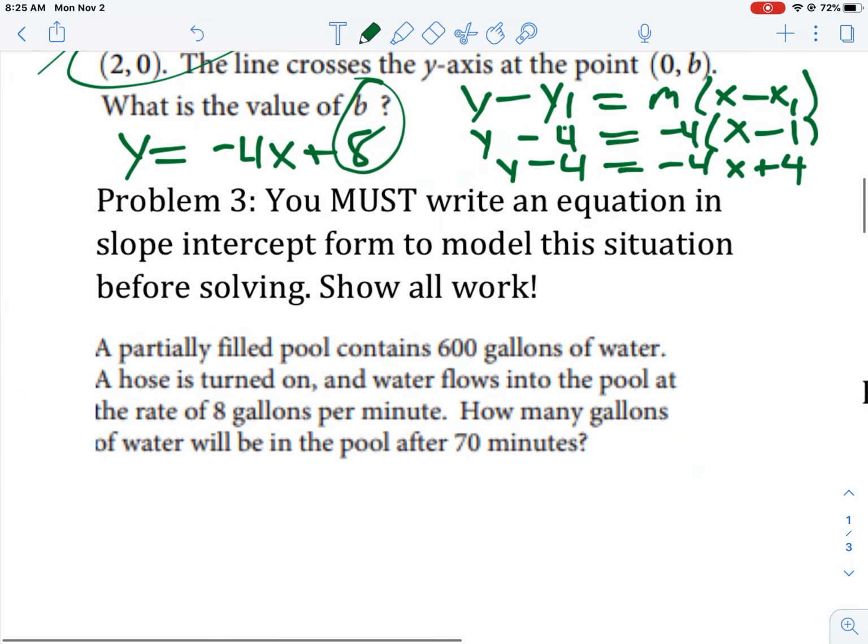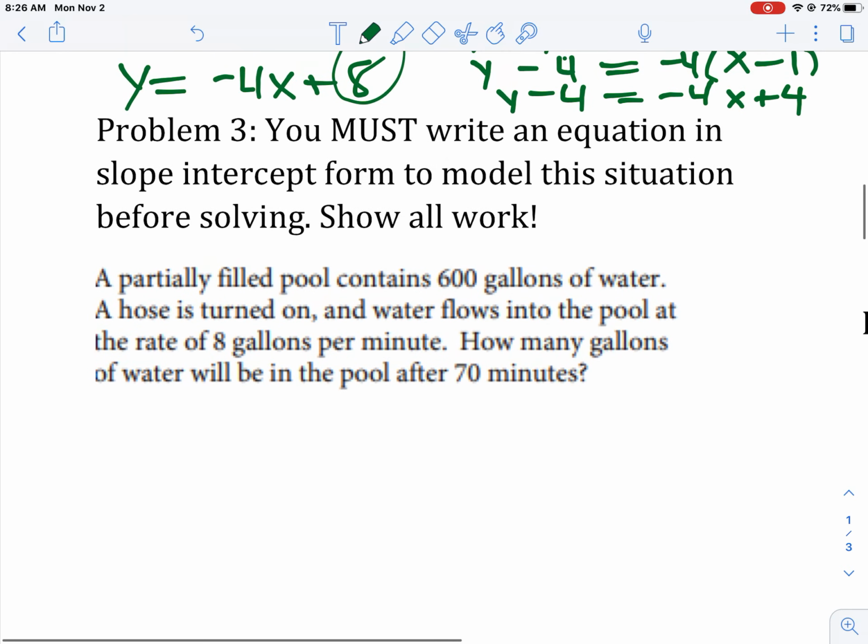All right, next one. Most of you got this one right. A partially filled pool contains 600 gallons of water. They turn the hose on and the water flows in at 8 gallons a minute. How many gallons of water will be in after 70 minutes? So y equals mx plus b.